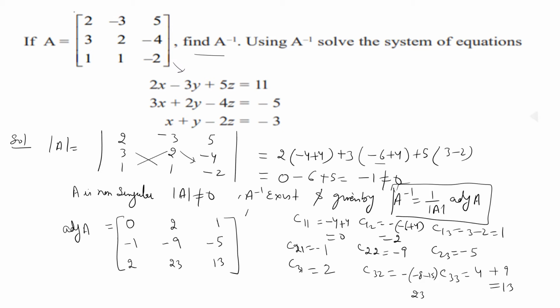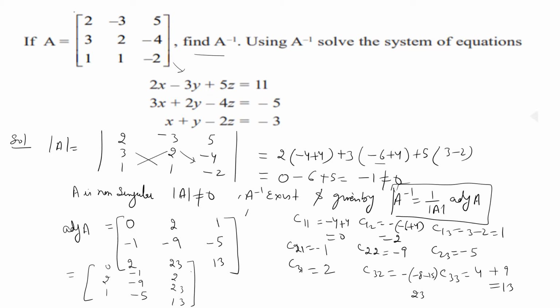Right? So this is the adjoint matrix yet to be obtained by taking the transpose. So after taking the transpose, it will be your 0, 2, 1, minus 1, minus 9 and minus 5, and then it is 2, 23 and 13.